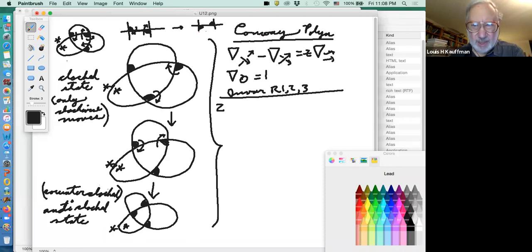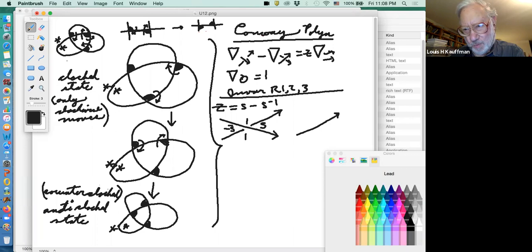Actually, we're going to take z to equal s minus s inverse, and we're going to put labels at the crossings according to this rule, where S bar is S inverse.